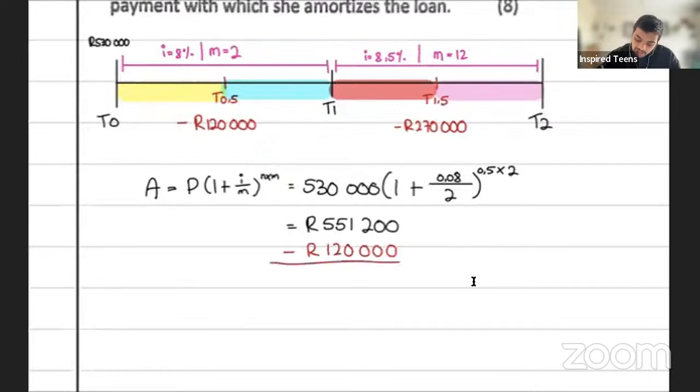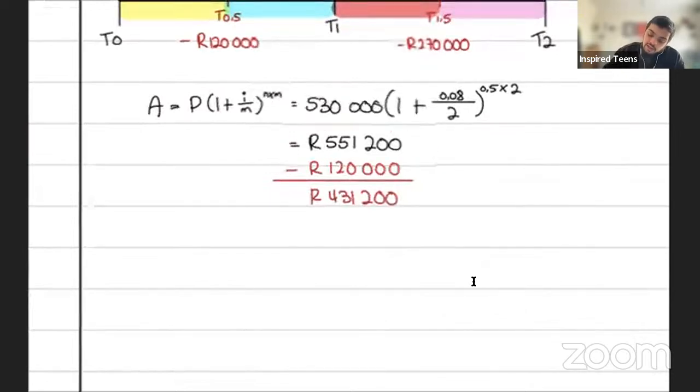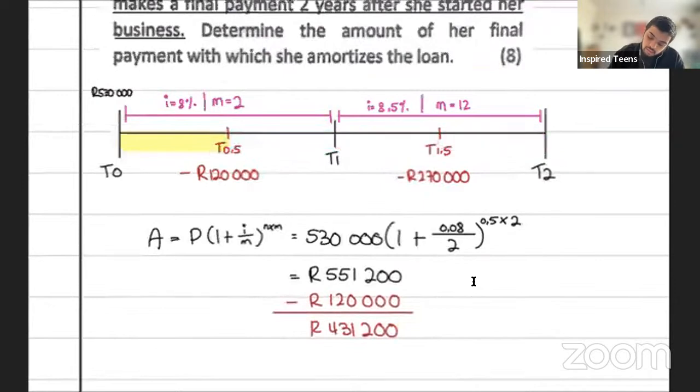So we subtract it from the amount that she owes after 6 months, and we get 431,200. Because she made the payment, at the end of 6 months she no longer owes them 551,000, she now owes them 431,200.